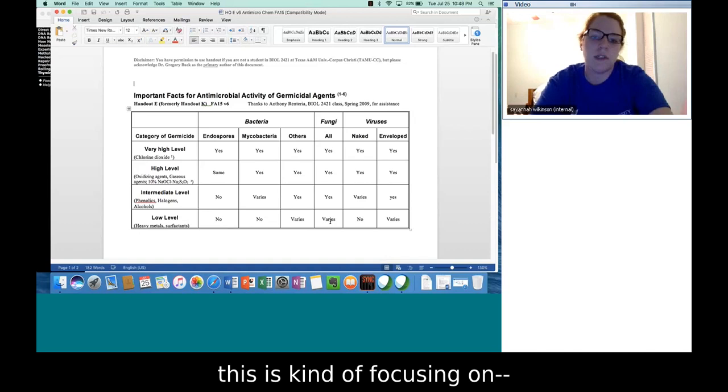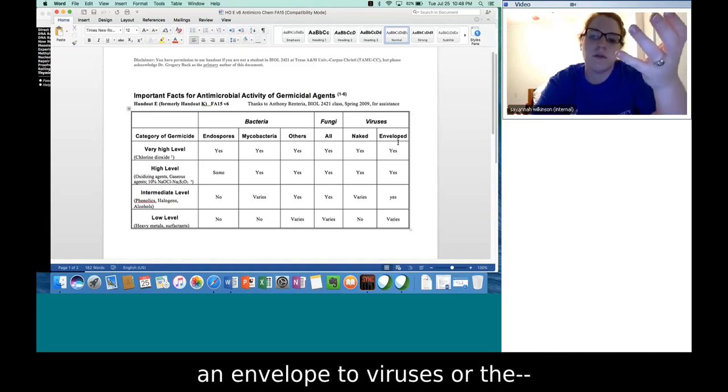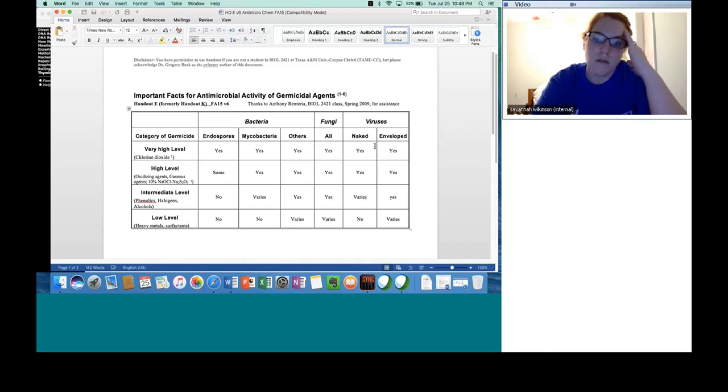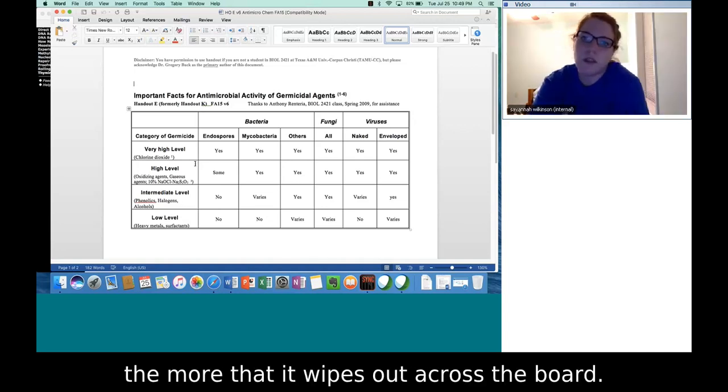This is kind of focusing on endospores, mycobacteria, the naked or enveloped viruses, and then also the fungi. But then the higher the level of germicide, basically the more that it wipes out across the board.